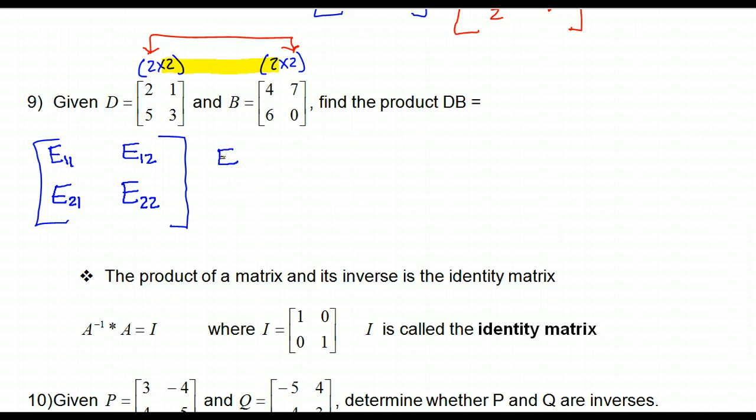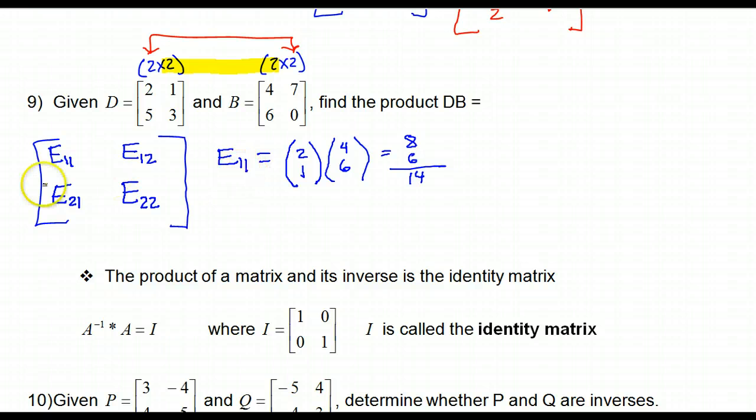Say I want to find element 1, 1. That means I need to do row 1 times column 1. Row 1 is 2, 1. Column 1 is 4, 6. So that's 8 and 6, and that is 14. So element 1, 1 is 14.